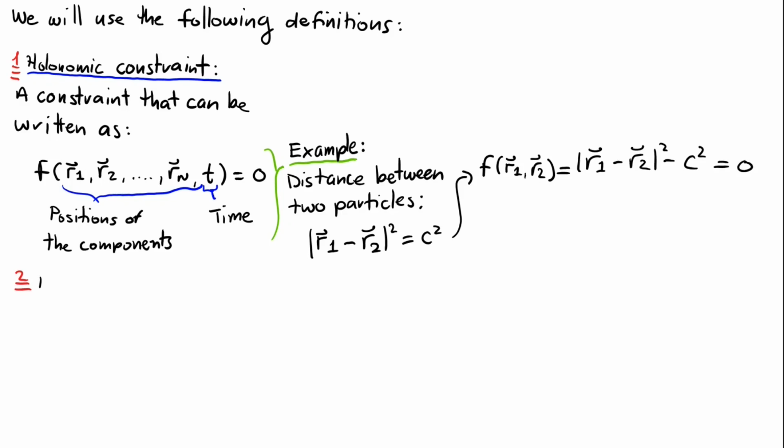The other type of constraints are the non-holonomic constraints. As the name suggests, the non-holonomic constraints cannot be written in terms of equalities or in terms of the positions of the particles of the system.